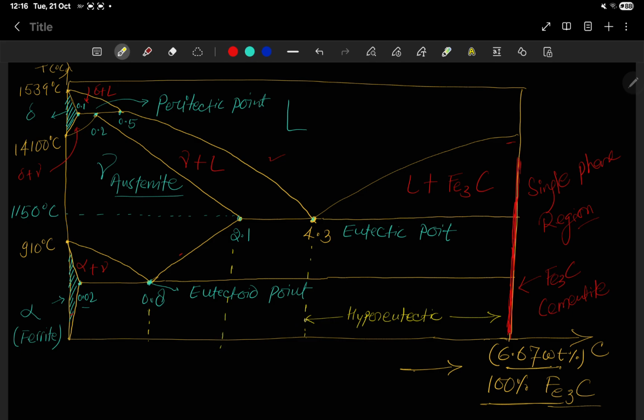And the region below this will be hypoeutectic region. This region will be what?